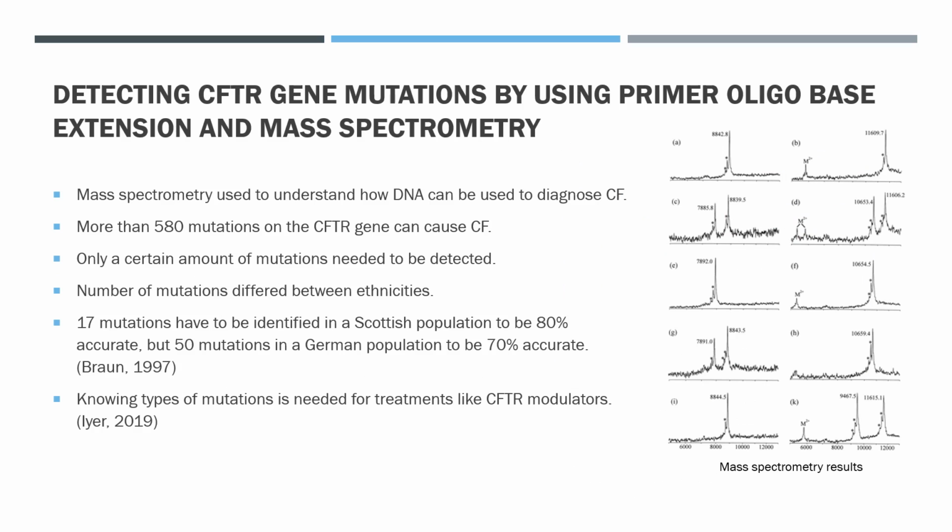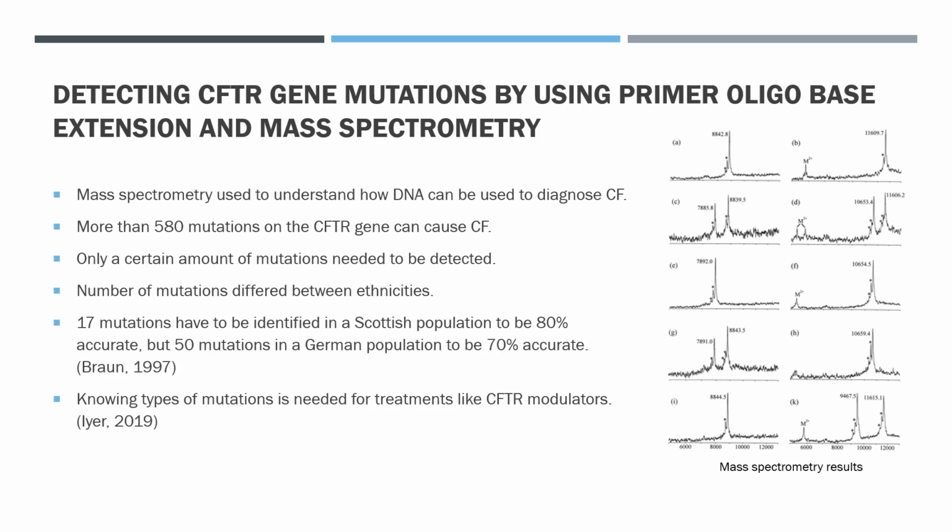In a study done in 1997, mass spectrometry was actually used to understand how DNA can be used to diagnose CF. They found that there are more than 580 mutations on the CFTR gene that can cause CF, and to diagnose it accurately, only a certain amount of mutations need to be detected. And what's interesting is that that number actually differs between ethnicities.